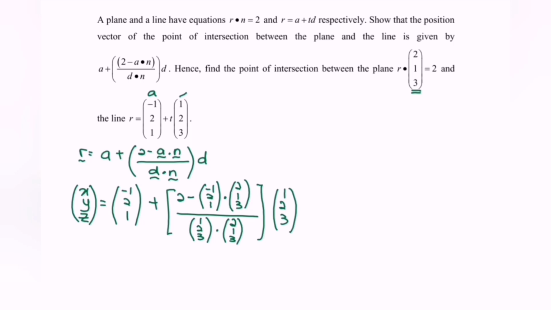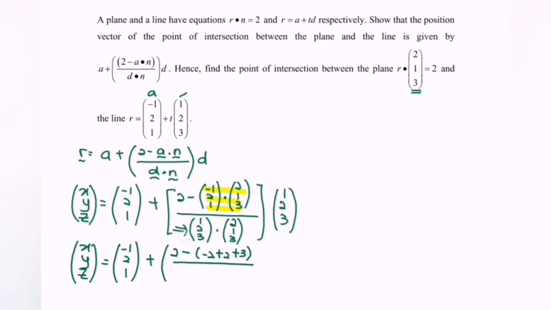So kindly focus on this part. (x, y, z) equals (-1, 2, 1) plus the bracket 2 minus the dot product. So we will have negative 2 plus 2 plus 3 over the dot product, where we have 2 plus 2 plus 9, multiplied by (1, 2, 3).